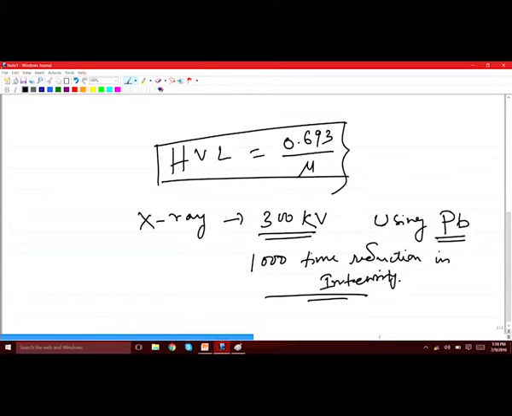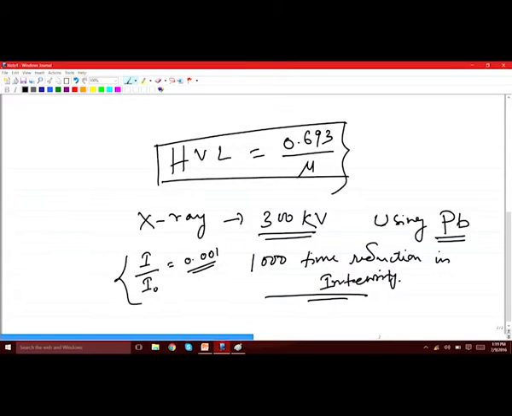Okay. So, that means what we are saying is this will be reduced by 1000 times. Okay. So, I by I naught will be 0.001. So, this is like almost absorbing and shielding the X-ray radiation.